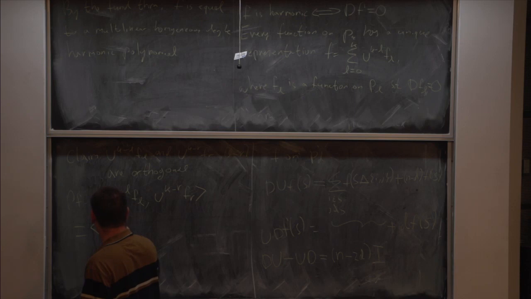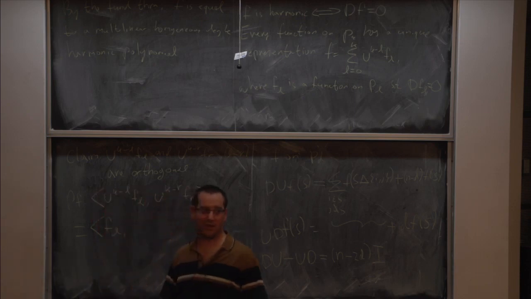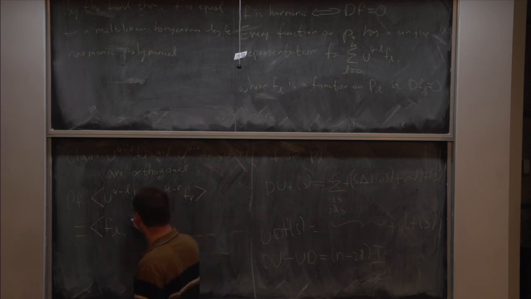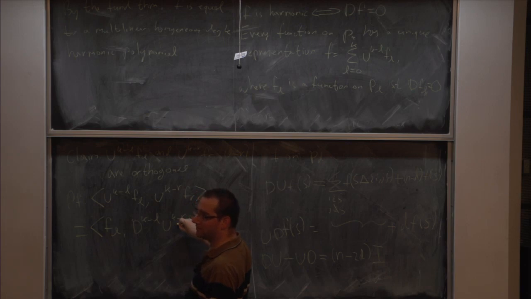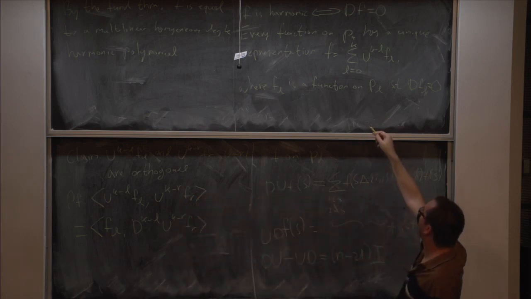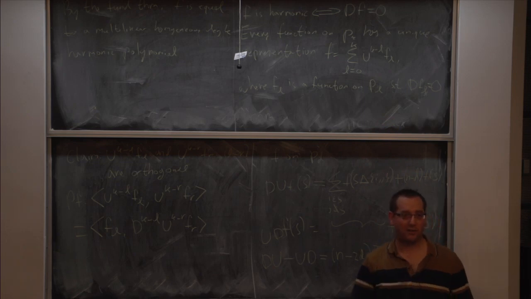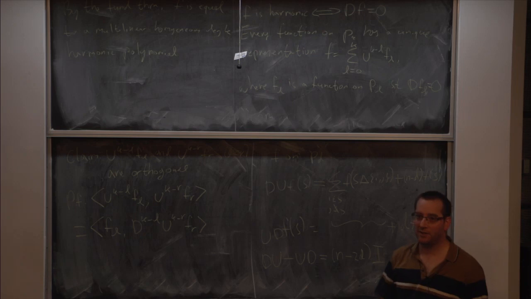Okay, so this is equal to, we move the U's to the other side using the fact that U and D are adjoint. And the point is that this number is larger than this number. Now, whenever we see DU, we can replace it by UD plus something.